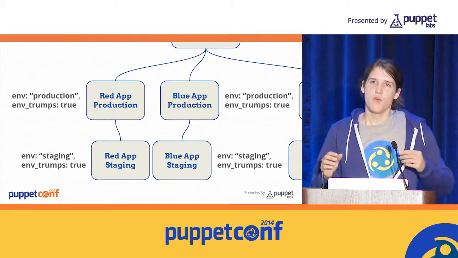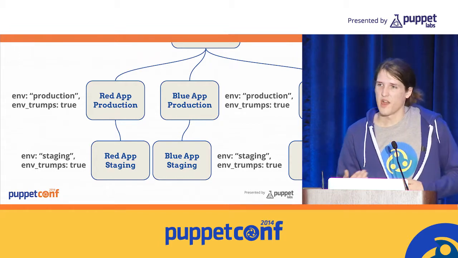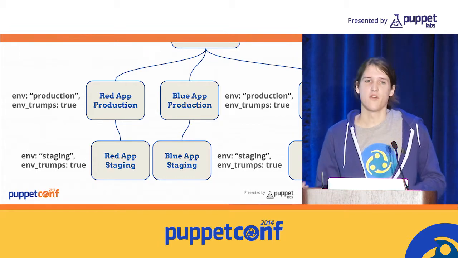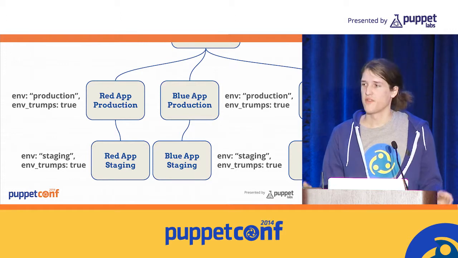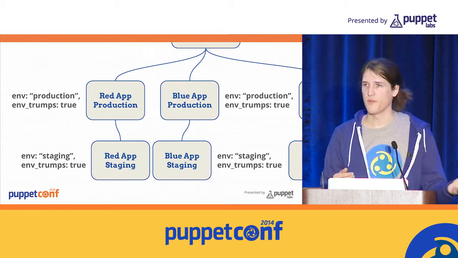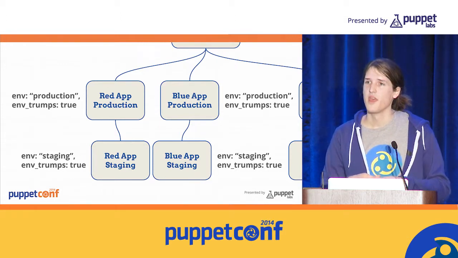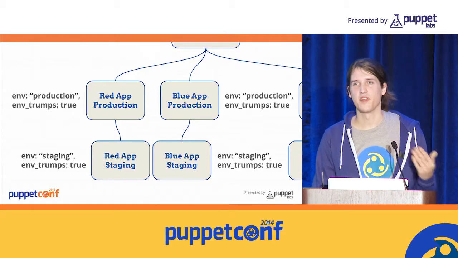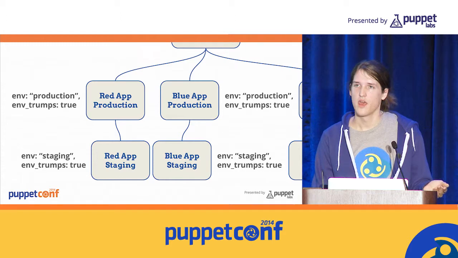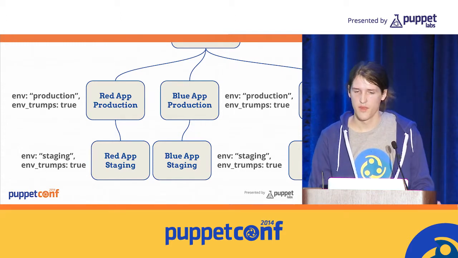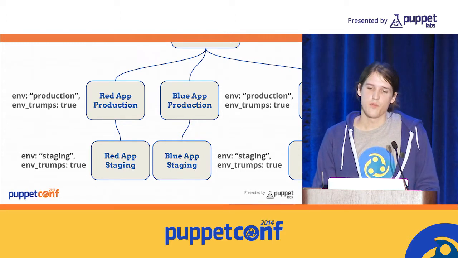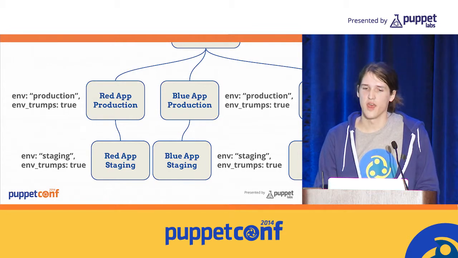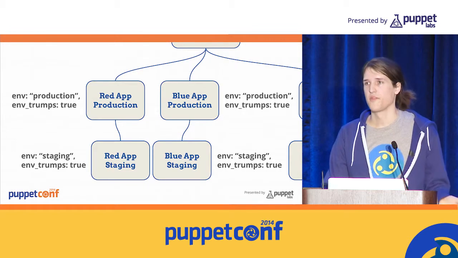Now, even more problematic than class parameters is probably going to be environment. Since environment is a primitive value, it's either one environment or the other, there's no way to merge them. If your node is classified into multiple groups that specify different environments, you're going to get a conflict. And now there's one field of a group that I haven't told you about yet, and that's the environment trumps.